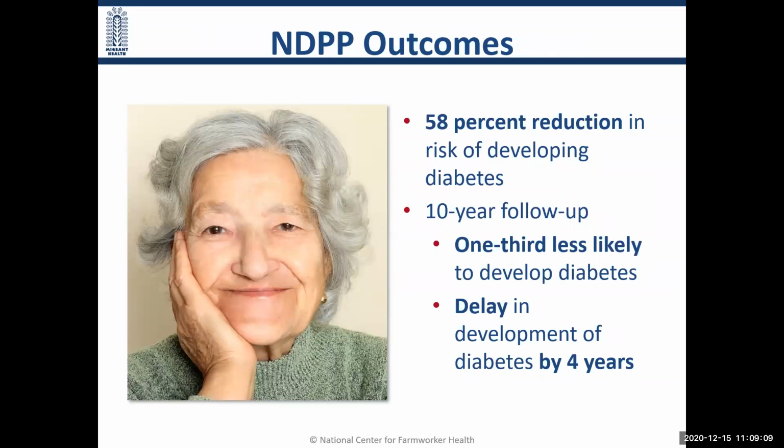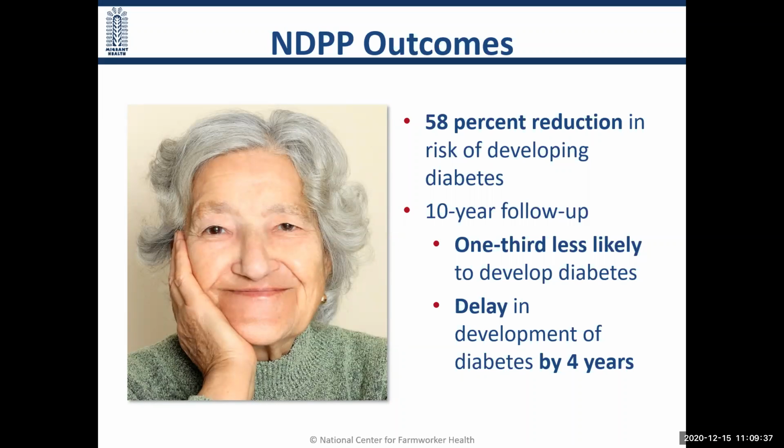I mentioned earlier that the diabetes prevention program has shown some significant outcomes. So, a 58% reduction in the development of diabetes. For people that are over the age of 60, that's even higher, about a 71% reduction in development of diabetes in those older adults. But the thing I wanted to point out on this slide is that those results persist.